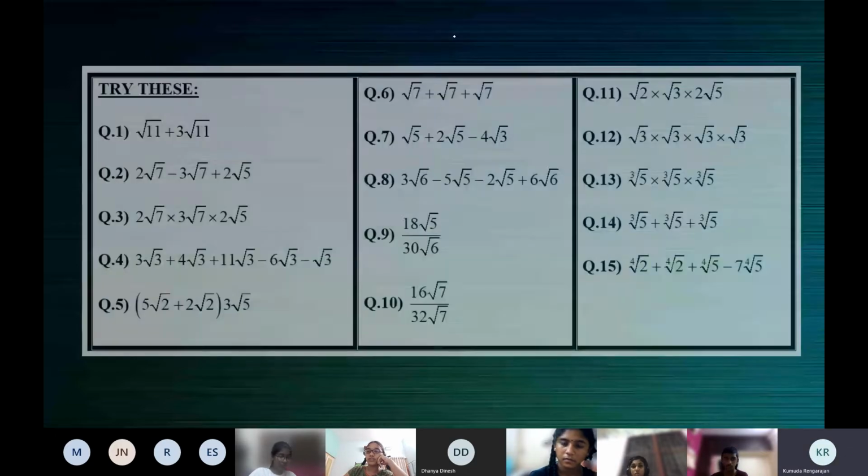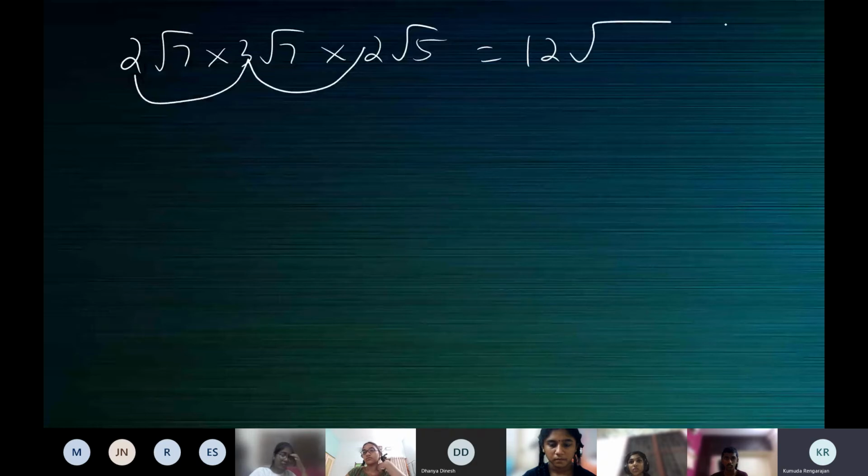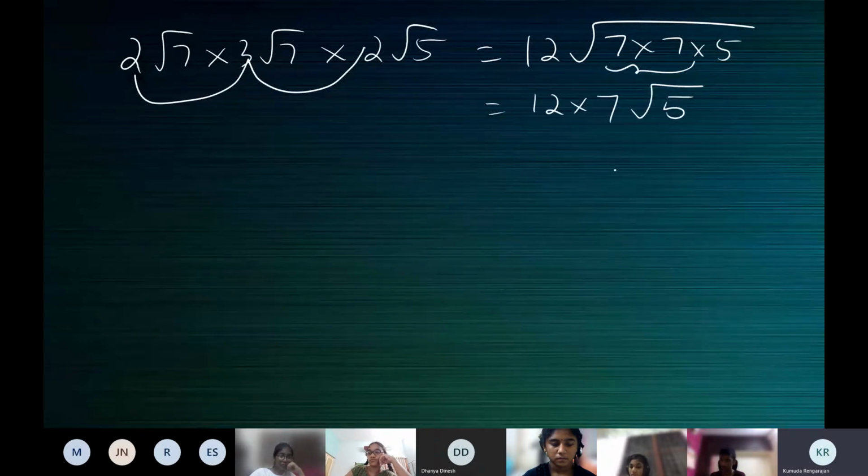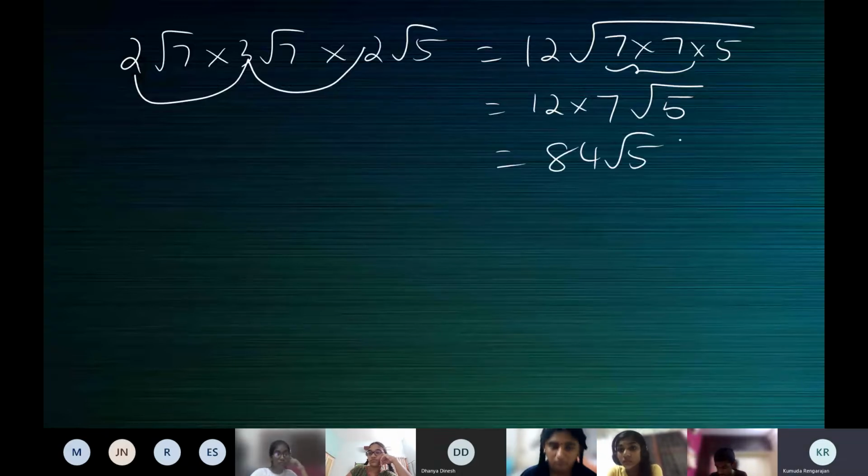The answer for this, 3 root 7 into 2 root 5, is 2 into 3, 6, 6 2s are 12. Root of 7 into 7 into 5. So it's 12 into, from 2 sevens, 1 seven comes out. 5 remains under the square root. 84 root 5. These are the steps for the third one.